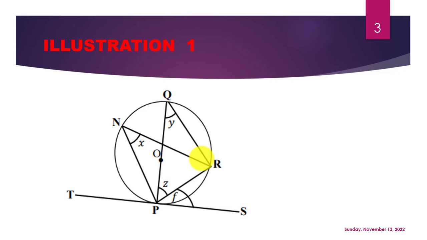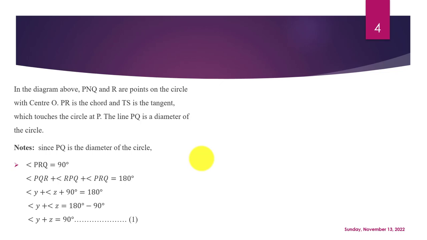So let's explain. Now in the diagram above, P, N, Q, and R are points on the circle with center O. PR is the chord and TS is the tangent.